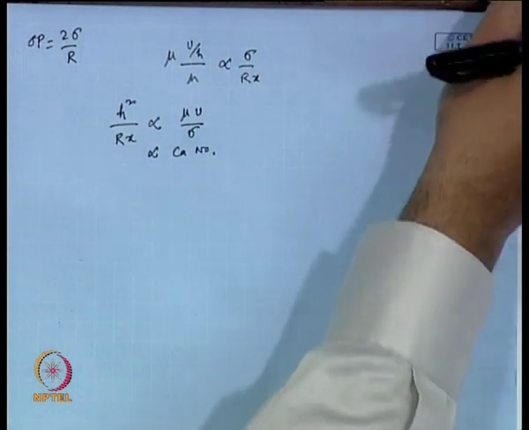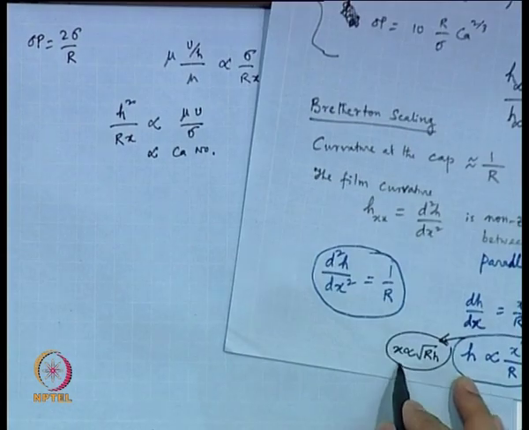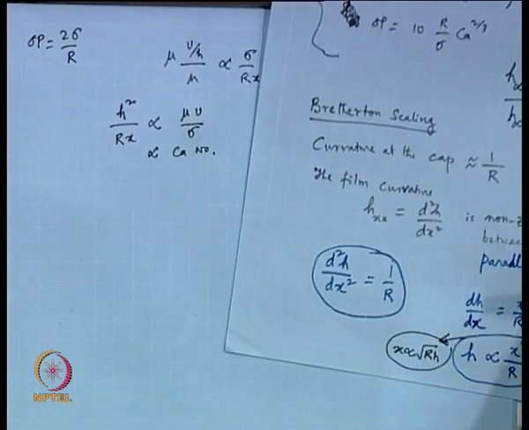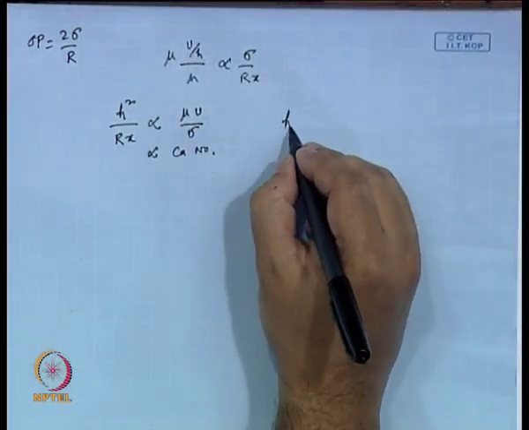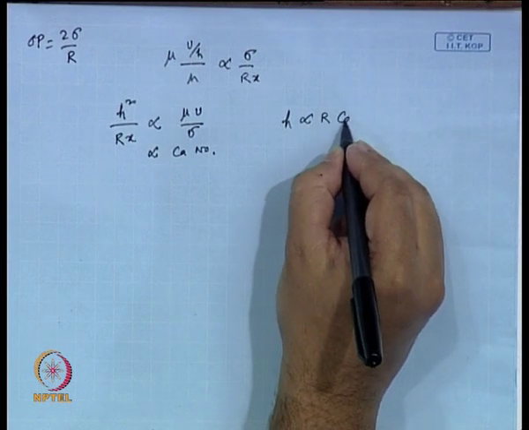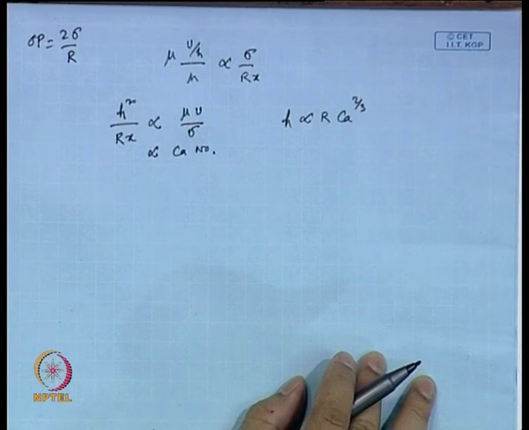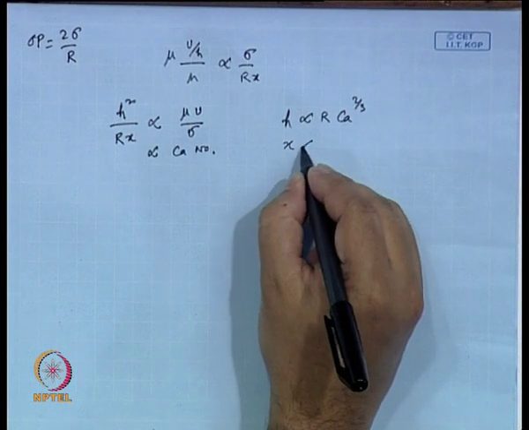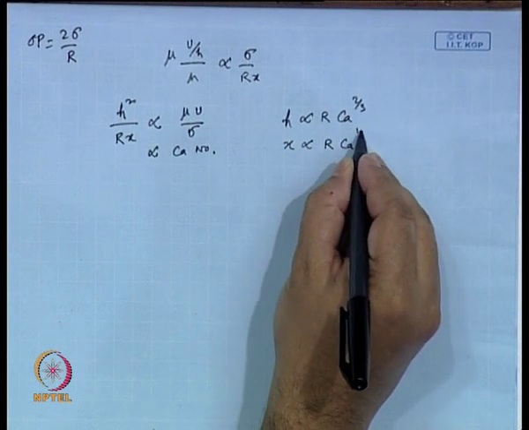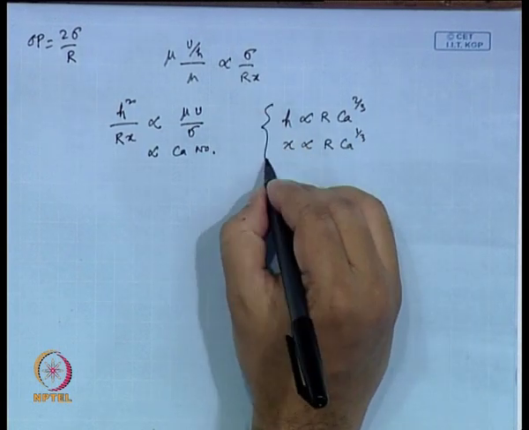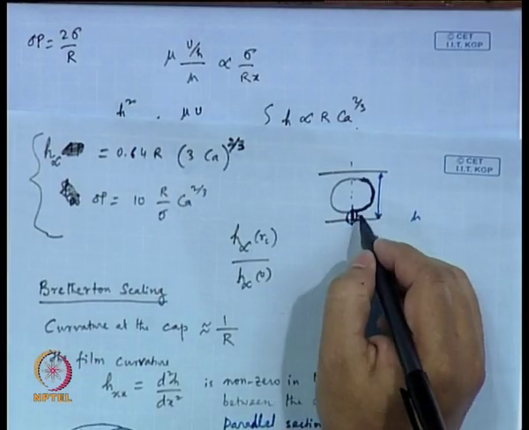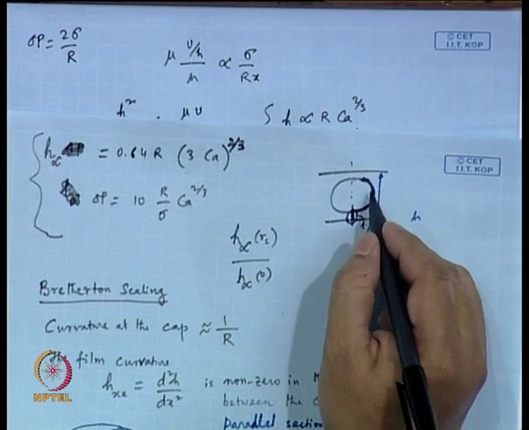And on top of that, I have this relationship, x is proportional to square root of r h. Now, if you put this in here, what you get is h is proportional to r times capillary number to the power 2/3, and also x is proportional to r times capillary number to the power 1/3. So, you have some idea what this average h would be.